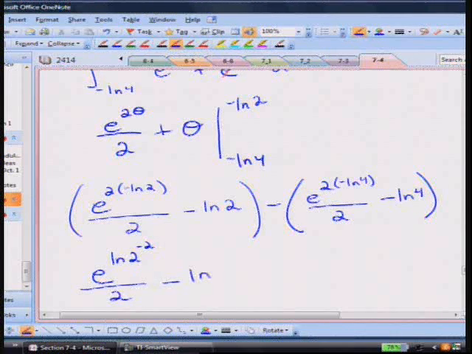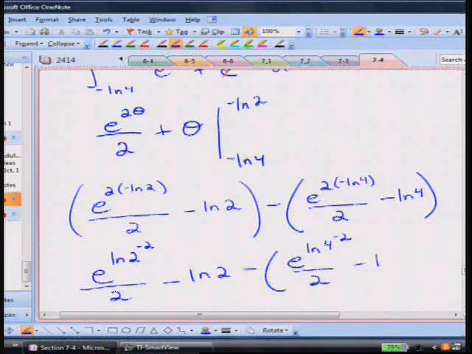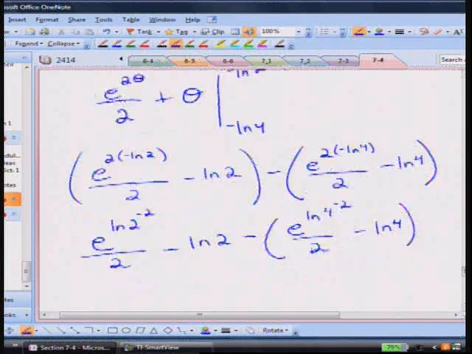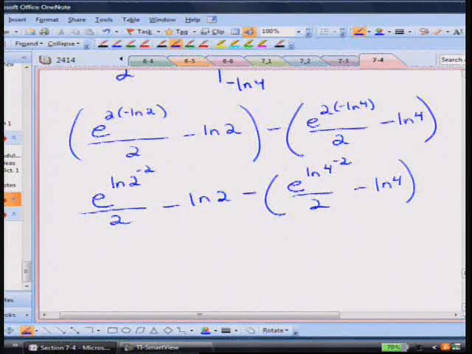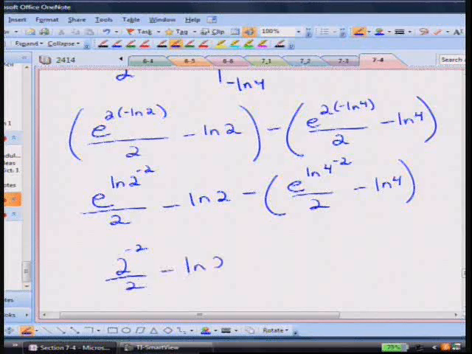Over 2 minus ln 2 minus, all right, this is going to be e to the, based on the same logic, ln 4 to the negative 2 over 2 minus ln 4. Okay, e to the ln 2, it should just be 2 to the negative 2 over 2 minus ln 2 minus 4 to the negative 2 over 2 minus ln 4.